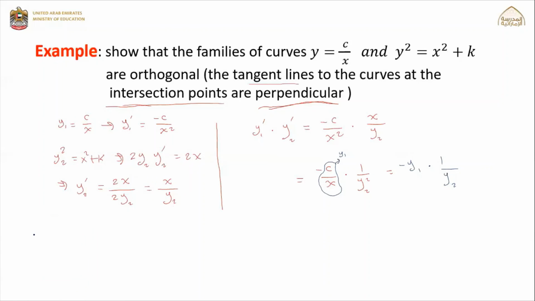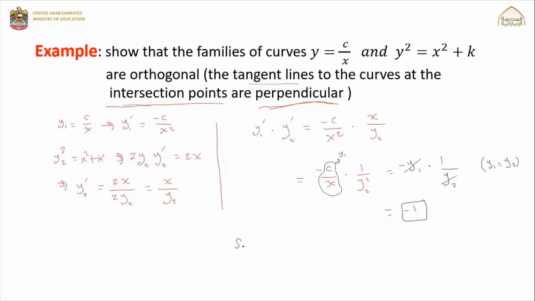Good. Now here, don't forget, y1 equals y2. So I can cancel this with this. So the final result is negative 1, because the first slope times the second slope equals minus 1 at the intersection point.